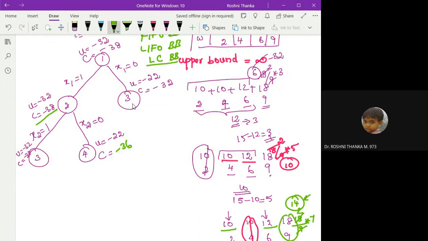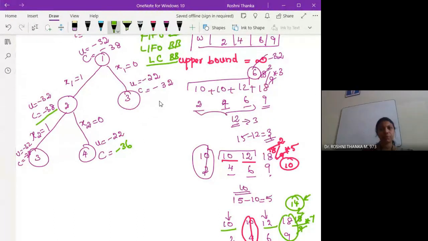Okay. The next thing, one more thing you have to remember here is the cost. The cost should not be greater than the upper bound. Whenever the cost is greater than the upper bound, then we have to kill that one, which means we are going to stop proceeding in that.